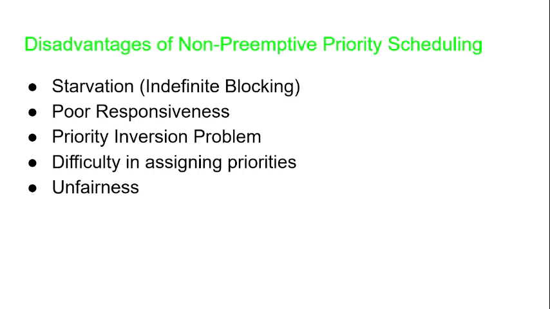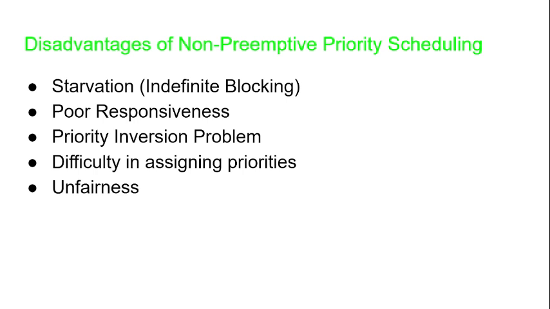Poor responsiveness: once a process starts, even if an urgent task arrives, it has to wait until the running process is finished. Priority inversion problem: a lower priority process may hold a resource needed by a higher priority process, leading to inversion.